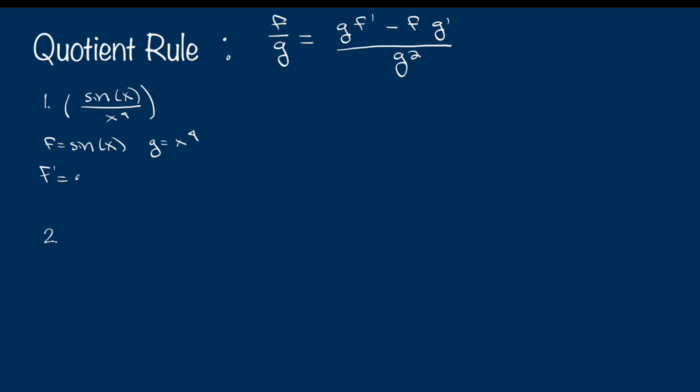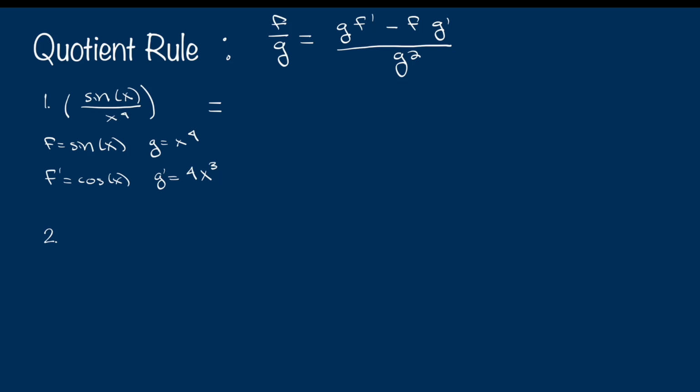Our derivative of f is just going to be cosine x. And our derivative of g, remember we're pulling 4 out to the front, so it's going to be 4 times x to the 4 minus 1, which is just x to the 3rd.